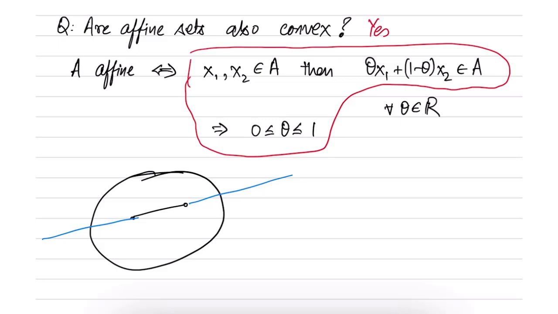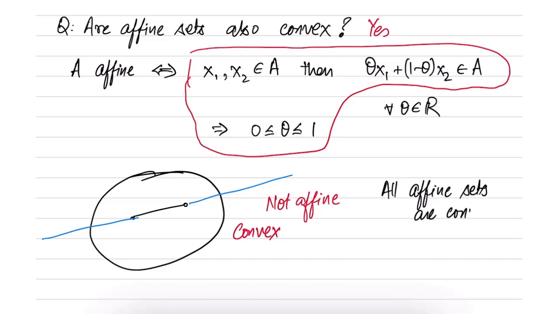So therefore, this is not affine, but this is convex. So in other words, all affine sets are also convex. So convex sets are more general and affine sets are less general. They are a subclass of convex sets.